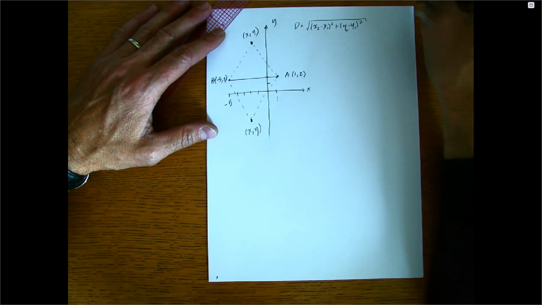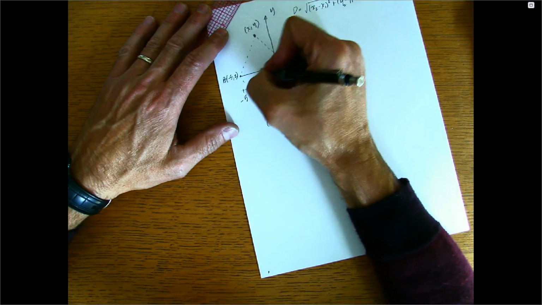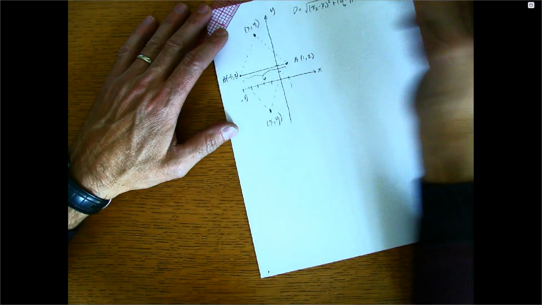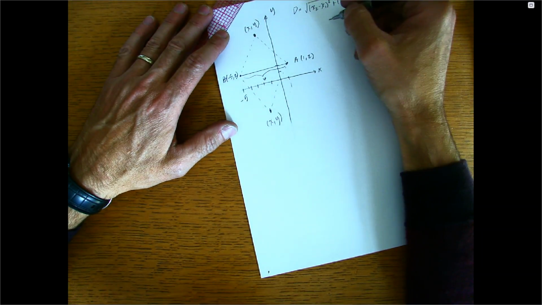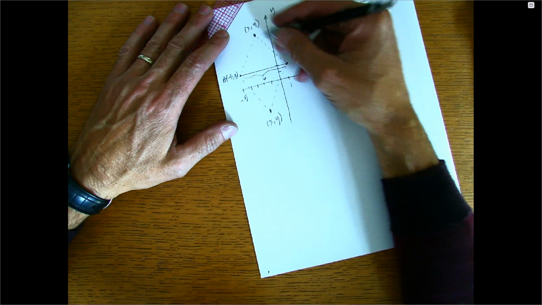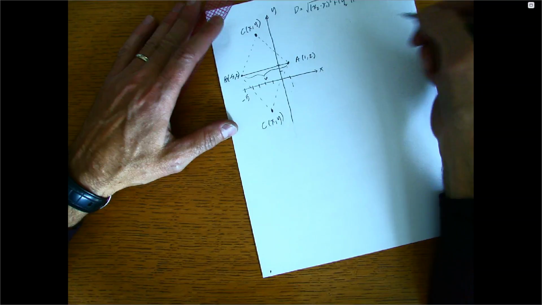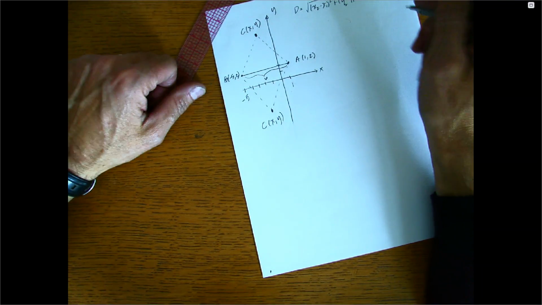So what do we want? We want that point (x, y) to have a distance of 6, right? This distance here we know to be 6, so we want the distance to (x, y) to be 6. So let's talk about the distance from A. Let's call this C. Both of these points we'll call C, and the x and y that we get will give us two different C's, we hope.